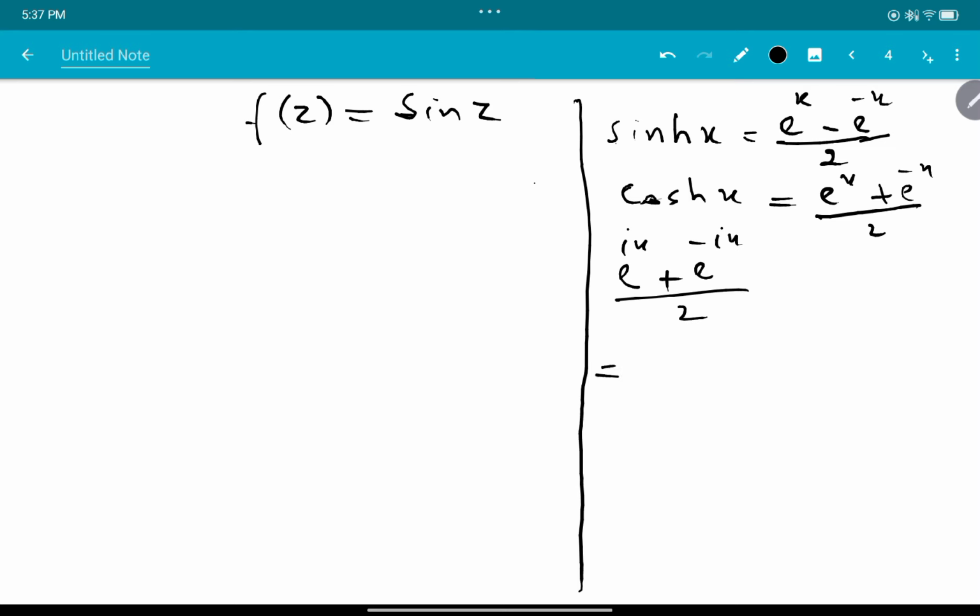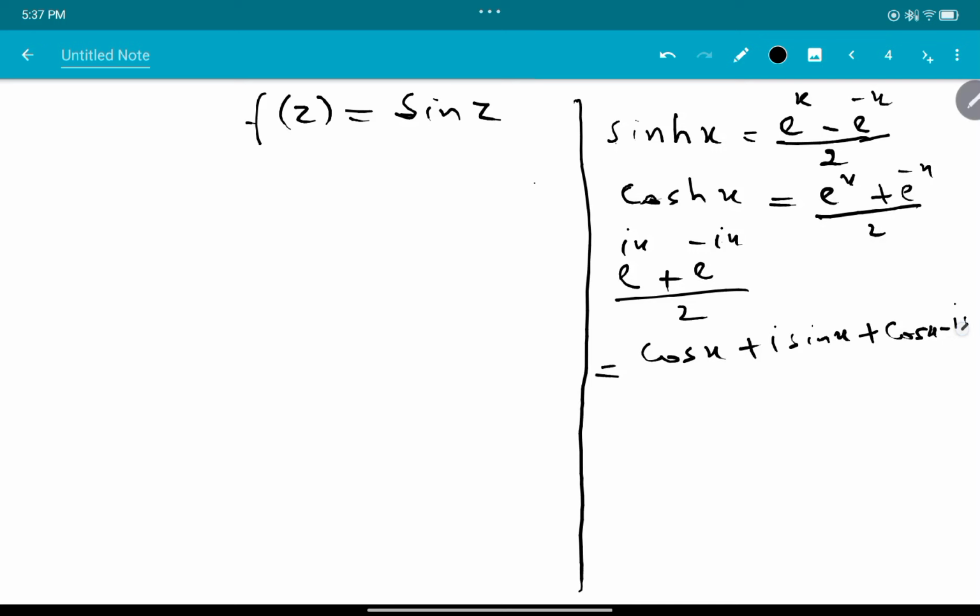I will use Euler's formula for expanding these: e raised to ix is cos x plus i sin x, and e raised to minus ix is cos x minus i sin x.